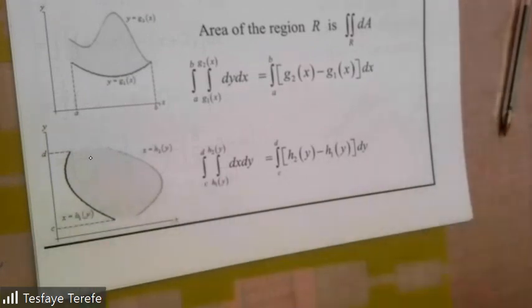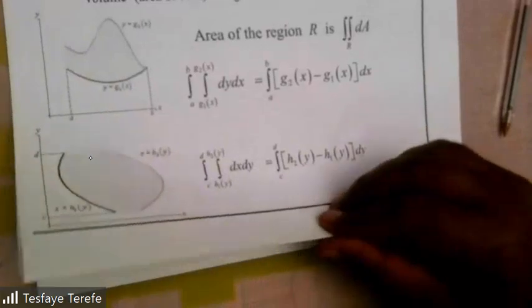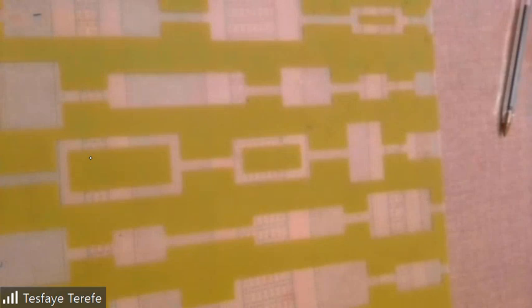And that doesn't contradict what we learned in single variable calculus. Remember doing this, yes, guys? Double integral can be used to find the area of a region.